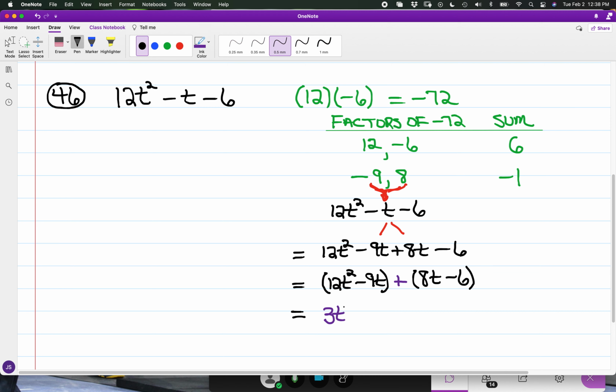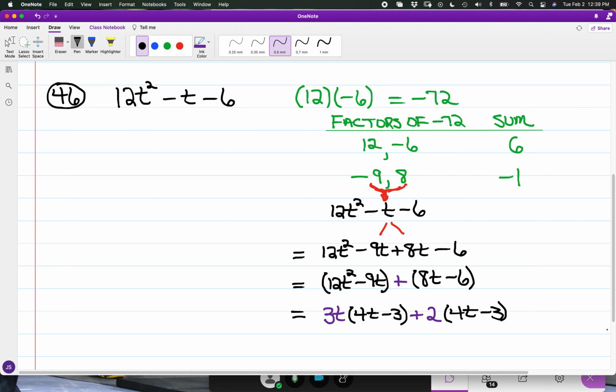And 3t into 12t squared minus 9t, we're going to have the quantity of 4t minus 3. And we have plus, and then for 8t minus 6, the greatest common factor is going to be 2. And 2 will go into the binomial 8t minus 6, which would be 4t minus 3.